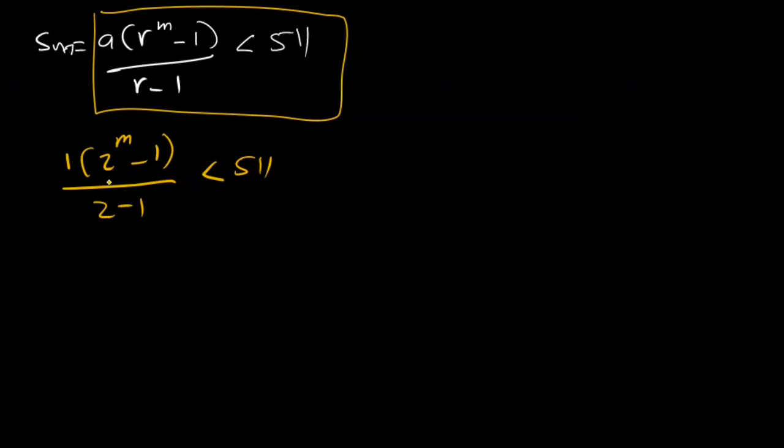Now we're just trying to simplify. 2 exponent m, so 2 minus 1 is 1, doesn't matter. Take this to the other side. 512 over 2 exponent m, right? So I've got 2 exponent m this side. I'm going to put 2 as a base. I want a number that if I put the whole thing into a calculator will give me 512. That number is 9.